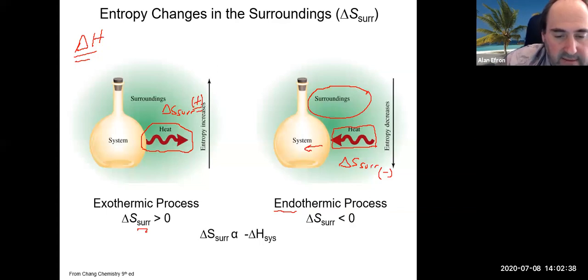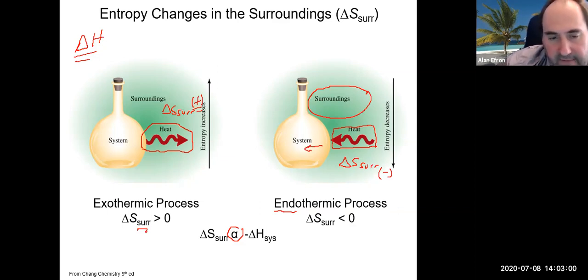So the relationship that we see is the delta S of the surroundings is proportional. That's what that little symbol is supposed to be, a proportional type symbol. Kind of looks like a bad alpha symbol, but a proportional symbol to minus delta H of the system. So let's just mathematically maybe look at this and see what that means.